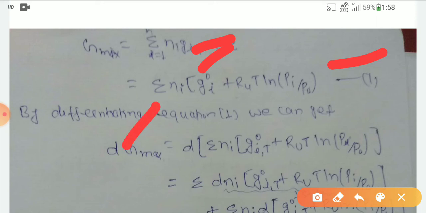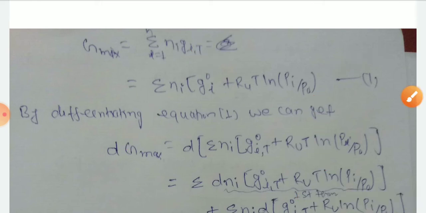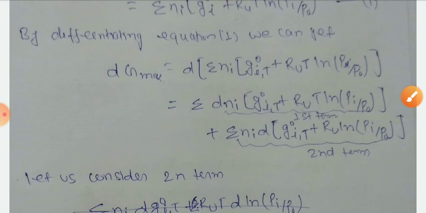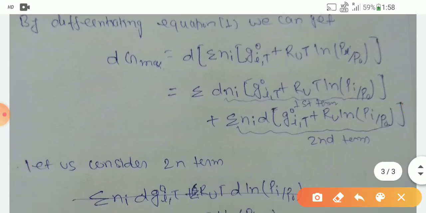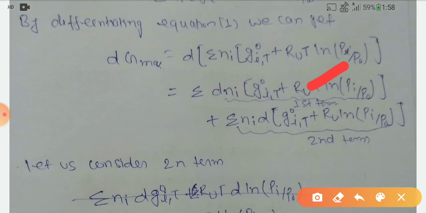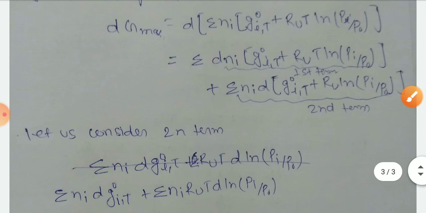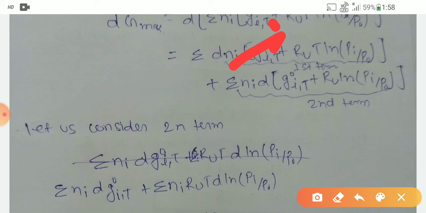You can write dG max equal to d of the summation of Ni Gi naught at constant temperature plus Ru T ln Pi by P naught, so the summation of d Ni terms. The first term is going to be 0, because Ni is a constant quantity, and if you differentiate a constant quantity it goes to 0. So I consider only the second term.